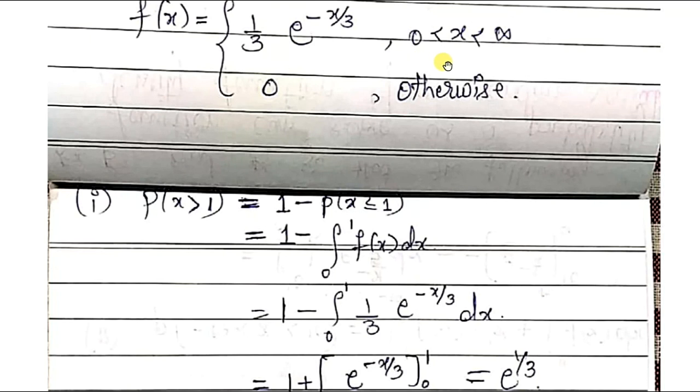So it can contain only two numbers, 0 and 1. Since it is a continuous probability distribution, here we have the integration sign. In exponential distribution and in normal distribution, you have to use the integral symbol, because it is discussed under continuous probability distribution.